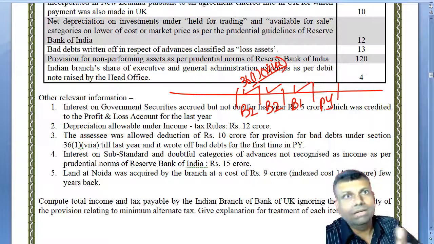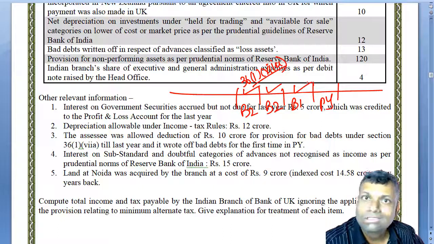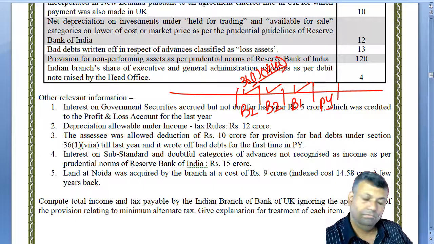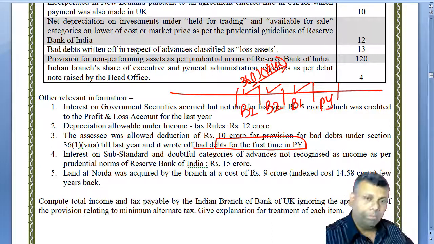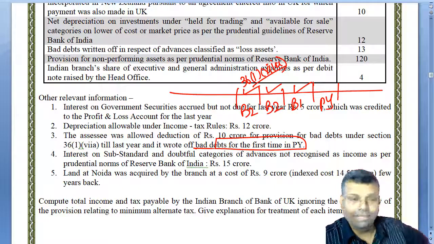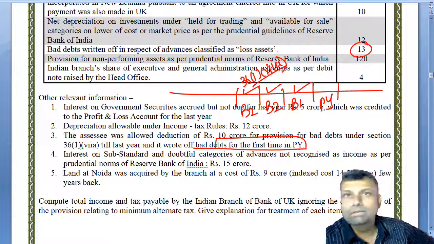Every year the ledger account gets carried forward as opening and closing balance, because this reserve has to be reflected in the books of accounts. That is also a mandatory condition, friends. And you wrote off the bad debts for the first time in the previous year. That means up to the previous year there were no actual bad debts. So your bad debts first time is this figure of 13.